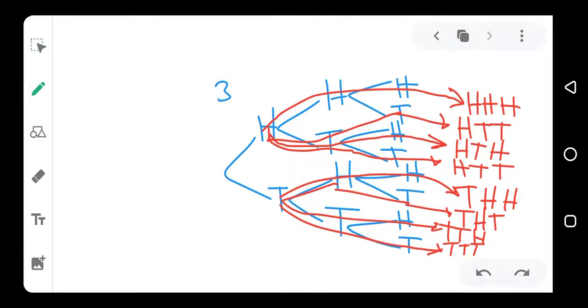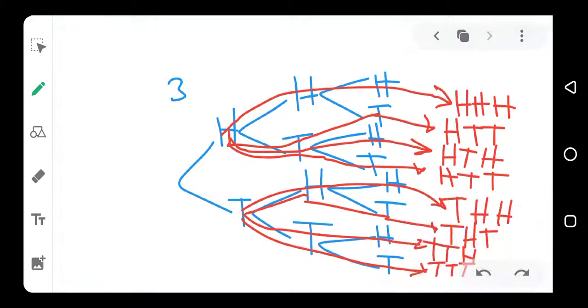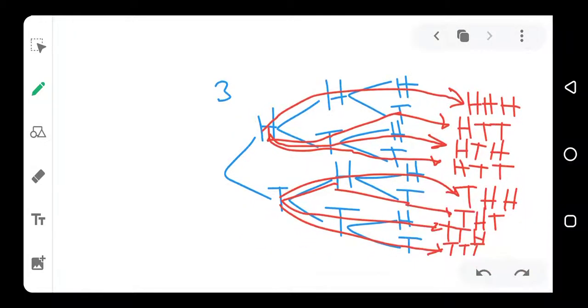We have here this first one, head, head, head. It contains 3 heads, so it is among. The second one has only 1 head, so it is not among. The third one contains 2 heads, so it is among. The fourth one, 1 head, so it is not among. The fifth one contains 2 heads, 2H, it is among.